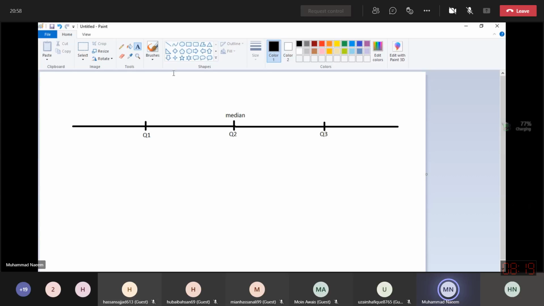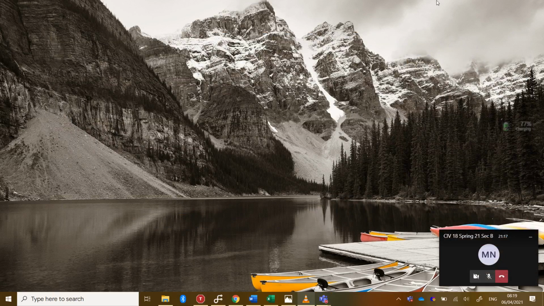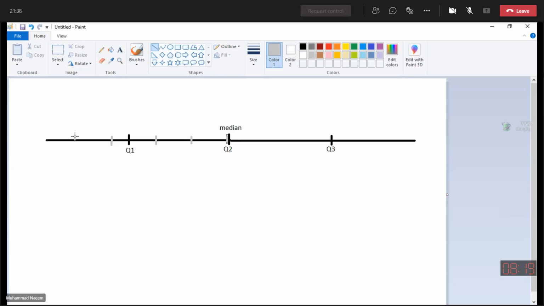Now, if we need to cut our data into 10 equal parts, for this purpose we will cut it at 9 places. These 9 cuts are called deciles.